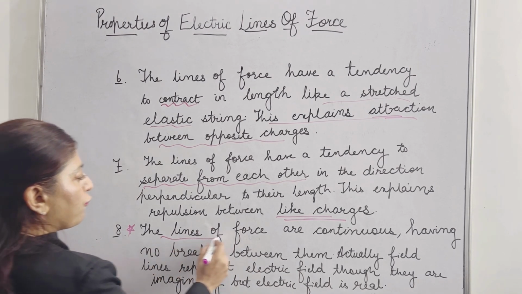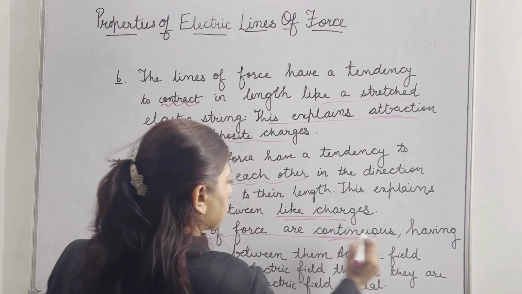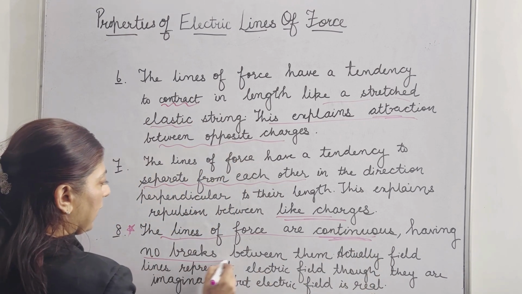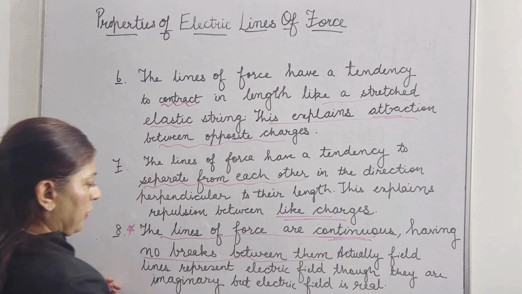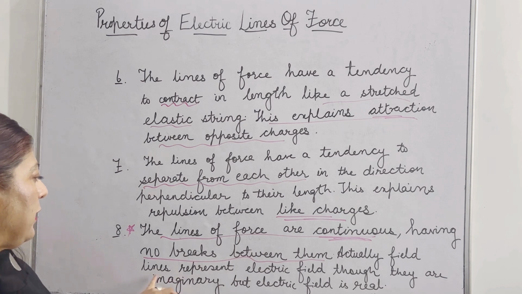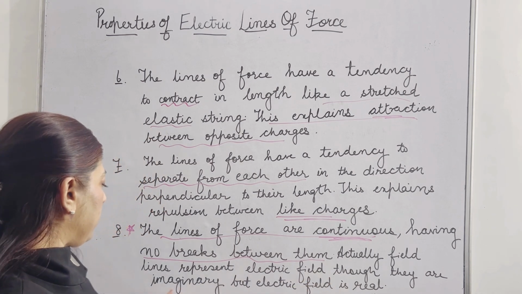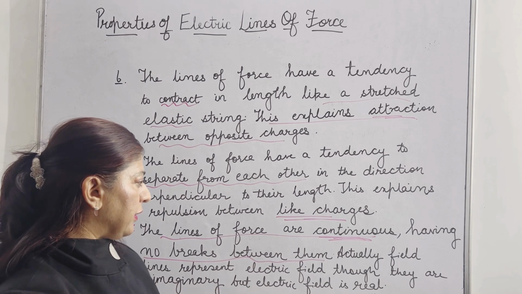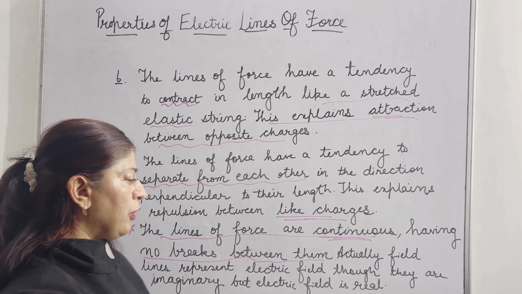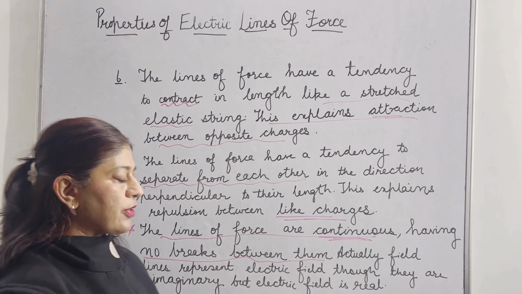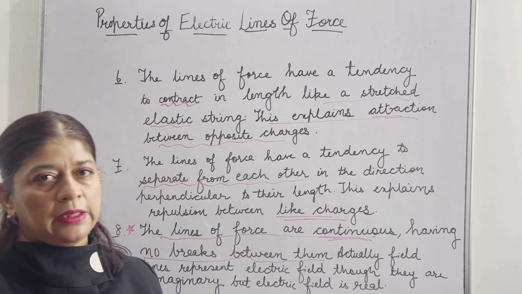The lines of force are continuous. They do not have any break between them. This is because electric field lines represent the electric field. Though electric field lines are imaginary, the electric field is real.